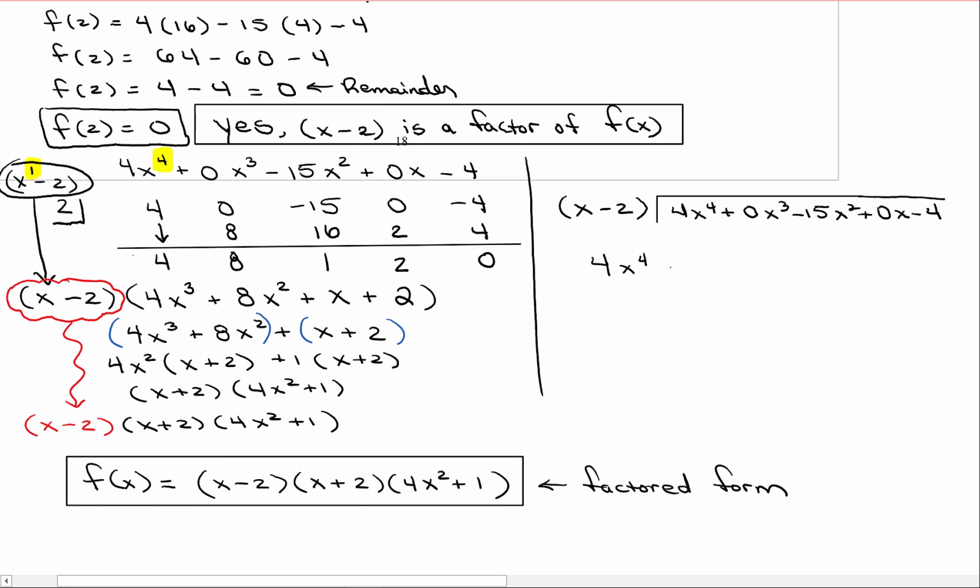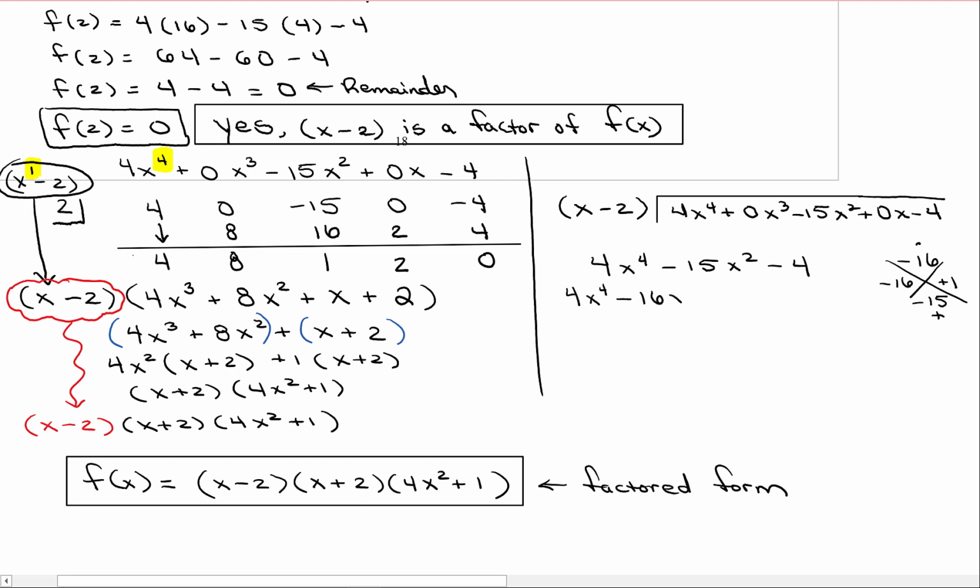Another option for this particular problem, the 4x to the fourth minus 15x squared minus 4, it's actually of that form, ax squared plus bx plus c. And this one actually factors out, right?